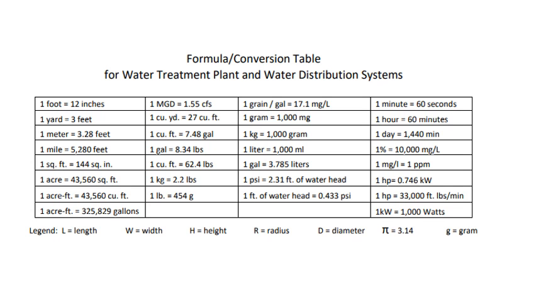So this is the formula conversion table off page 1 that's given to you by the state of Florida for the exam. Like I always say, if your state gives you one, you should get familiar with the one that you use.